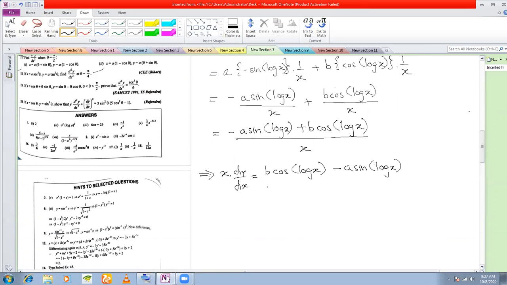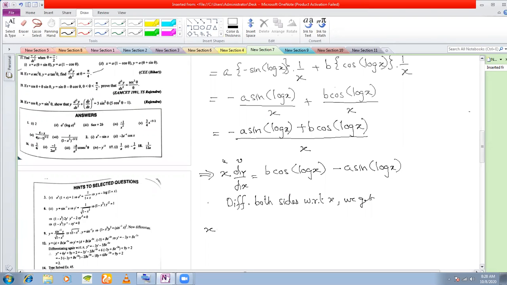Okay. So now what I do is I differentiate both sides again, and we'll do it by implicit function. So to find d2y dx2 by implicit function, differentiating both sides with respect to x, we get: first x, you differentiate the left hand side by u into v rule.